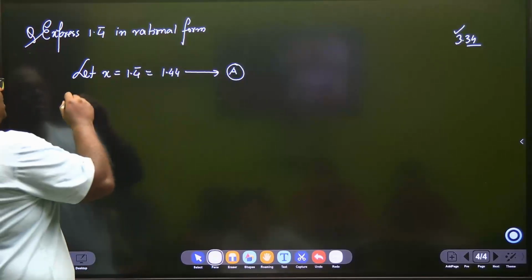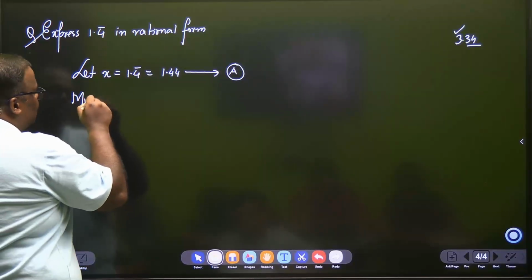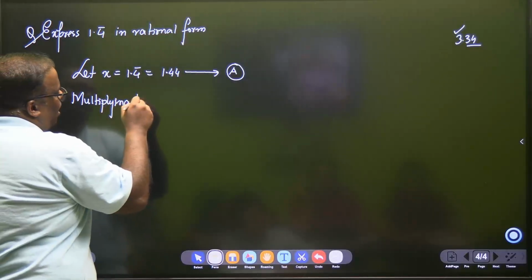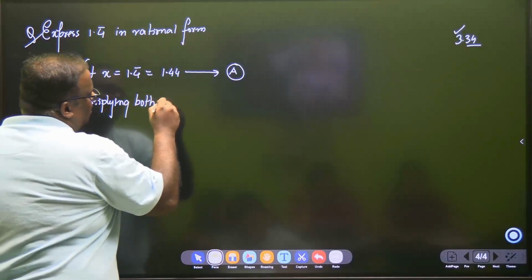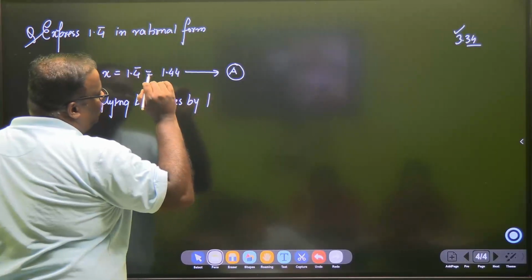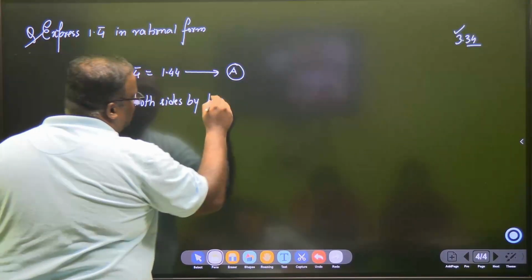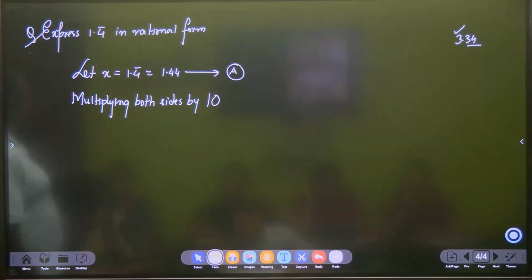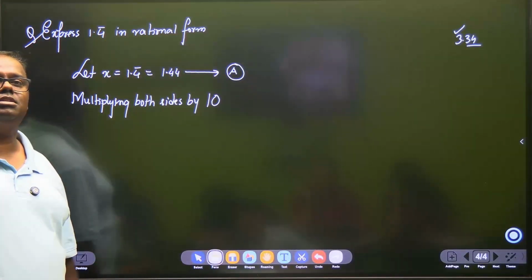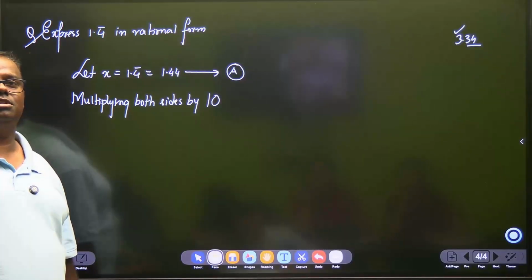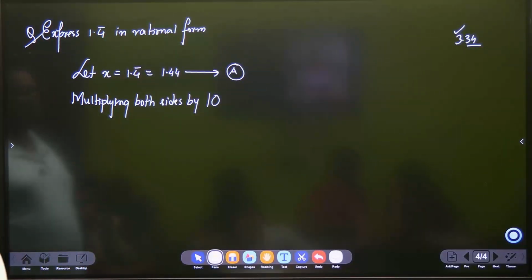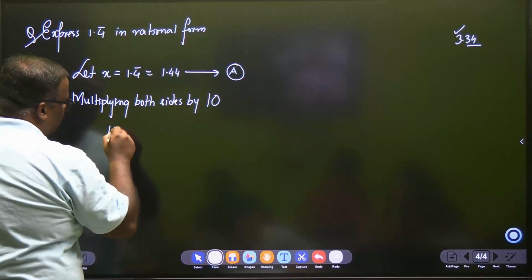So we write multiplying both sides by, see, 1 I will put and the 0 will be decided. All of you are clear on this step? By 10, you get what?